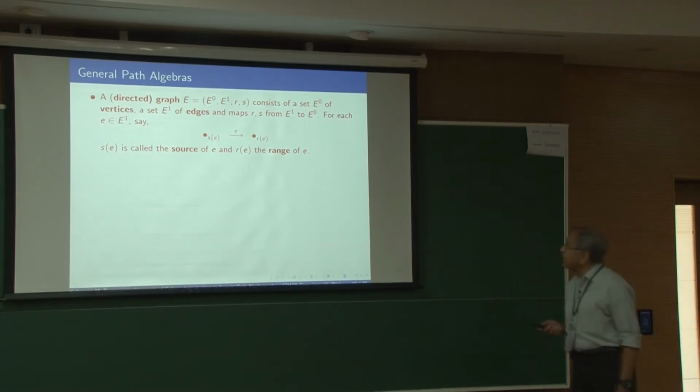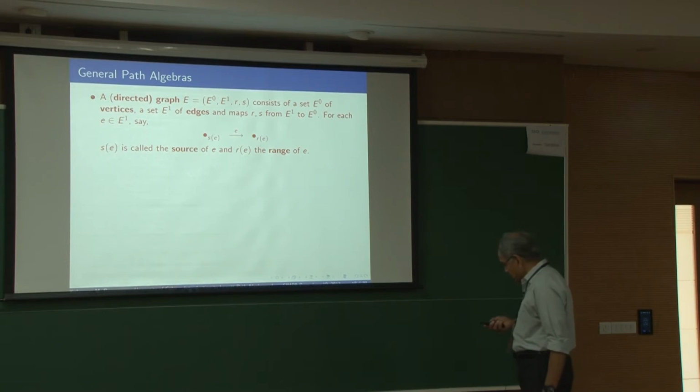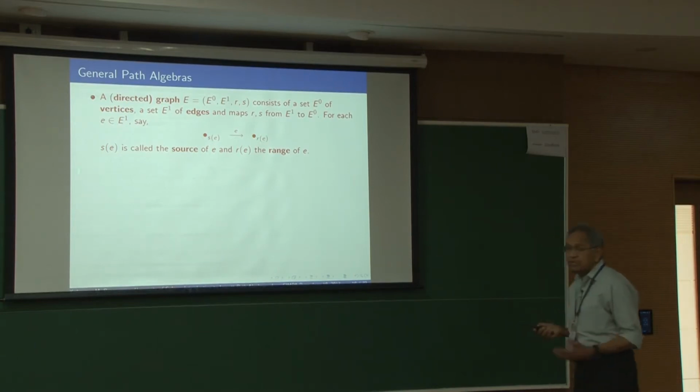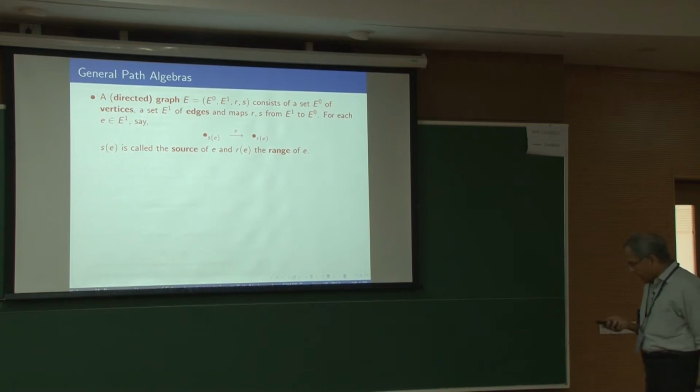These are functions from the edge set to the vertex set: given any edge e, the beginning vertex is denoted by s of e and called the source of e, and the ending vertex is denoted by r of e and called the range of e.